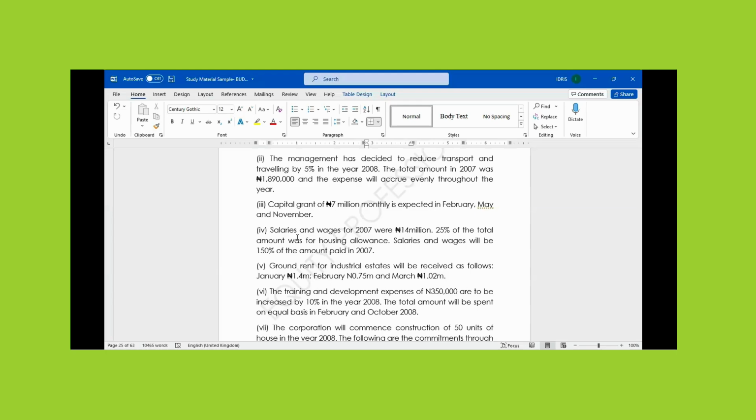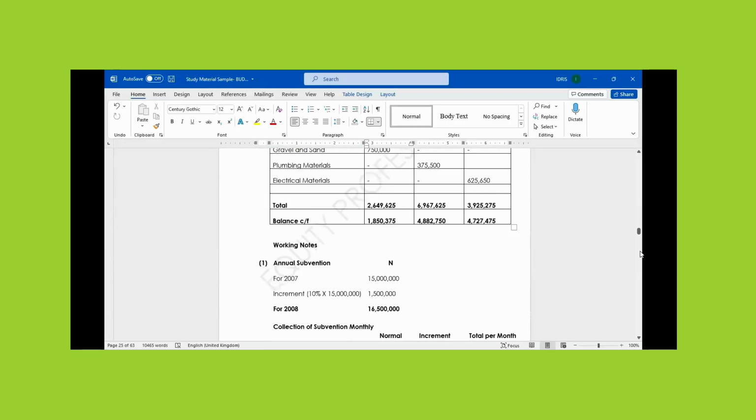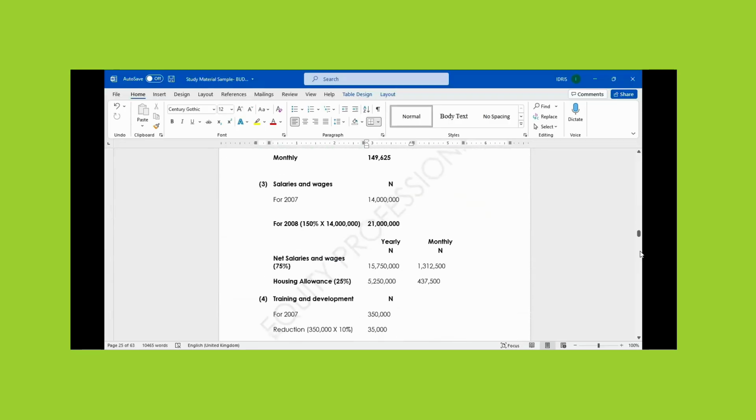So 10% of 350 is 35,000. How much will now be the total amount? That is 385,000. It is in my working note too. For those who will now say he likes to explain, he doesn't like to do workings.